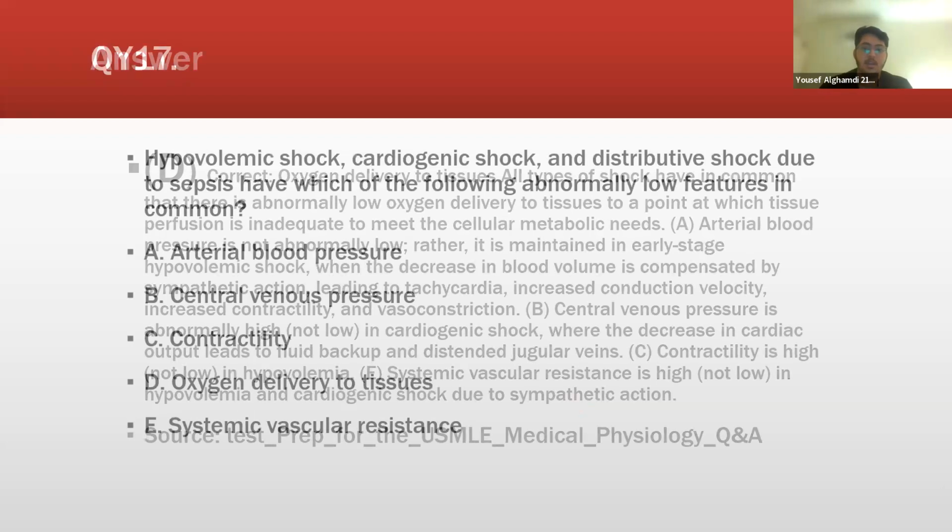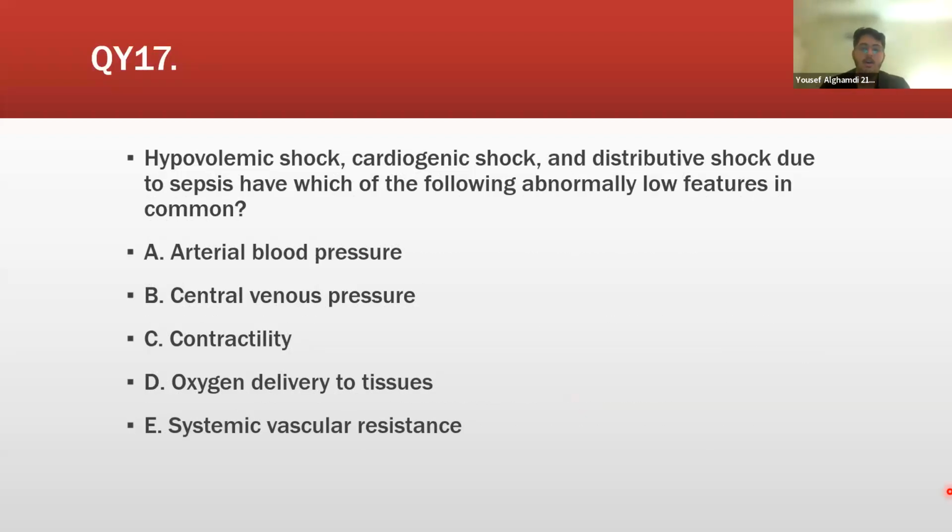Okay. So basically, all types of shock have in common is that there is an abnormally low oxygen delivery to the tissues. That's why people pass out, right? So in hypovolemic shock, it's because either they have hemorrhage or they're bleeding, right? It's kind of similar to orthostatic hypotension, right? Because the blood leaves and there's less blood going to the brain. In septic shock or stuff like that, the blood is infected, right?